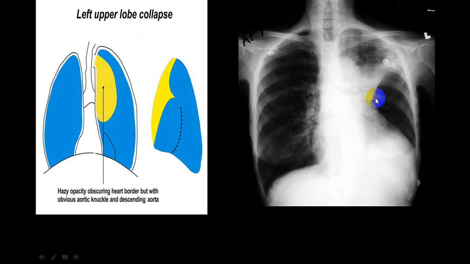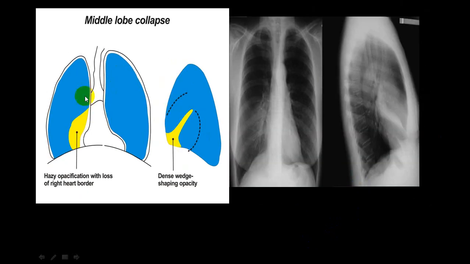In a small collapse, you may not see the shift of all these structures like trachea, hilum, diaphragm and mediastinum. You may not see. Similar way, say if there is a collapse in the right middle lobe, this is right middle lobe.